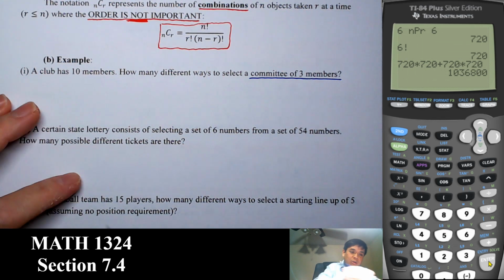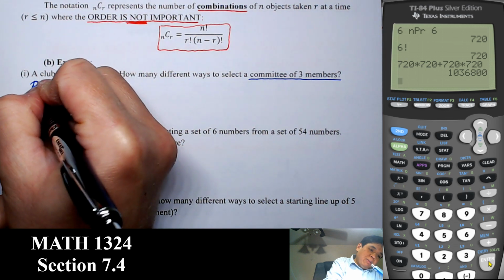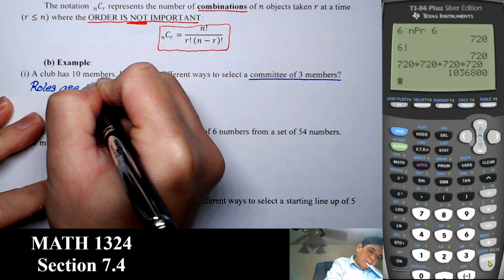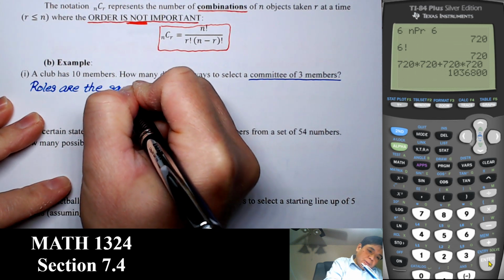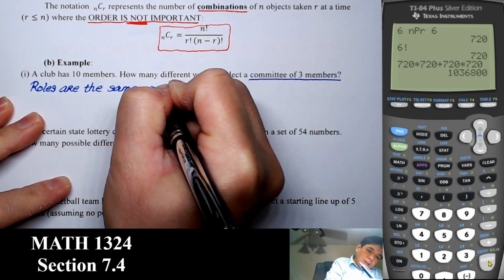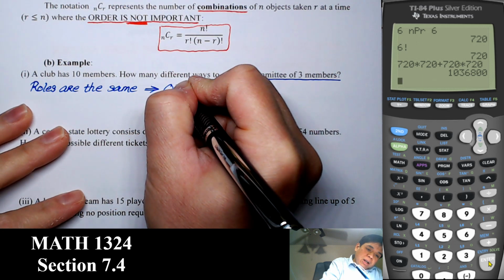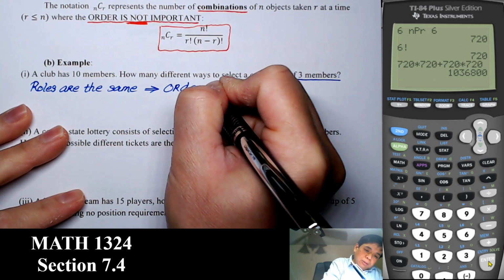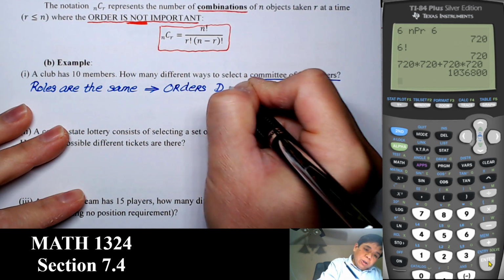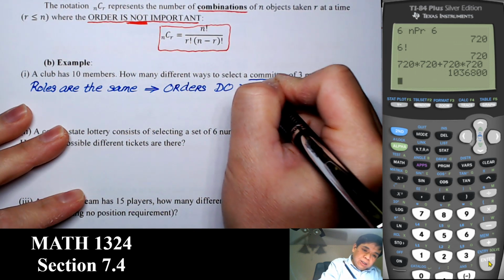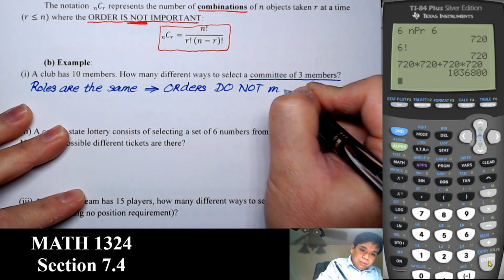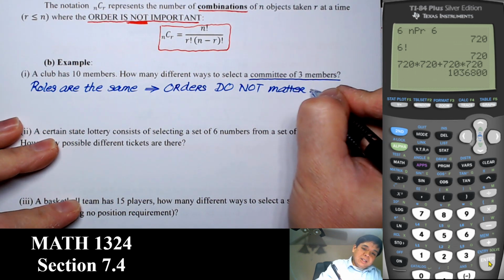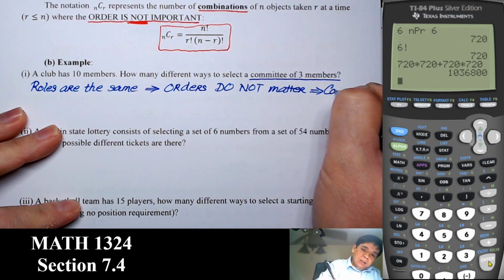That's why we write roles are the same, which means order does not matter, or is not important. So that means this is a combination.